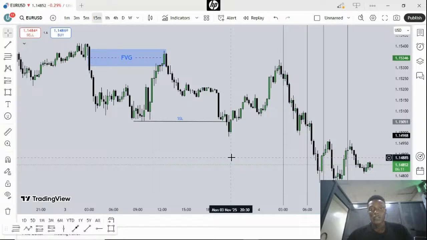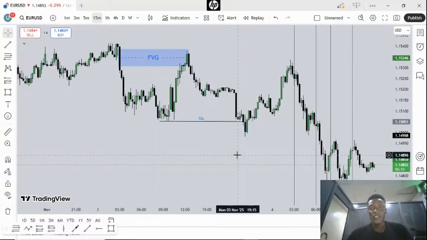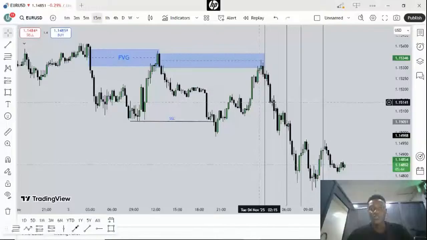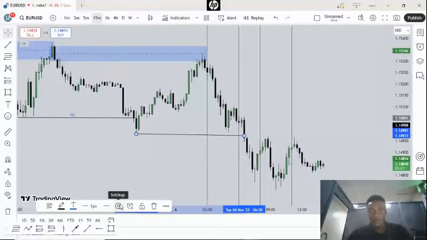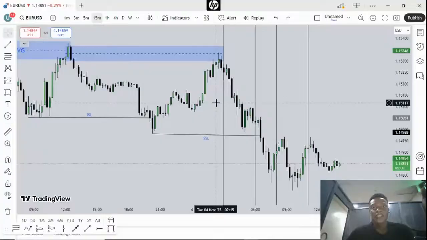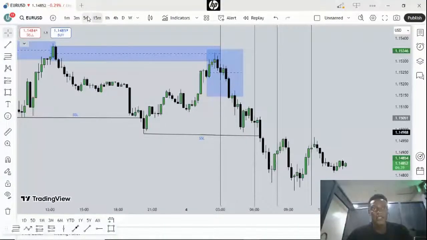We can also see that as soon as sell side liquidity was taken, price went into this order block here. Just before London, at this level, we have another liquidity. So this sell side liquidity acting as a draw took place at this level here.